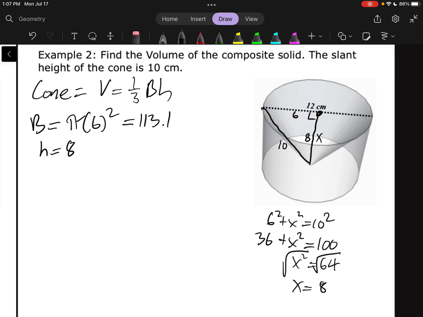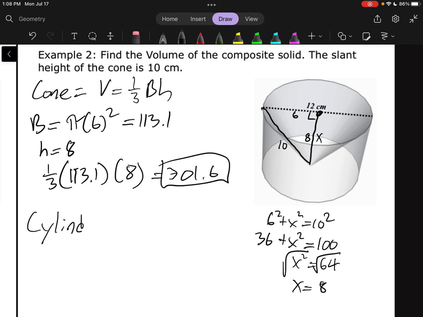So the height is 8. So we'll do 1/3 times 113.1 times 8. And I'm getting 301.6.